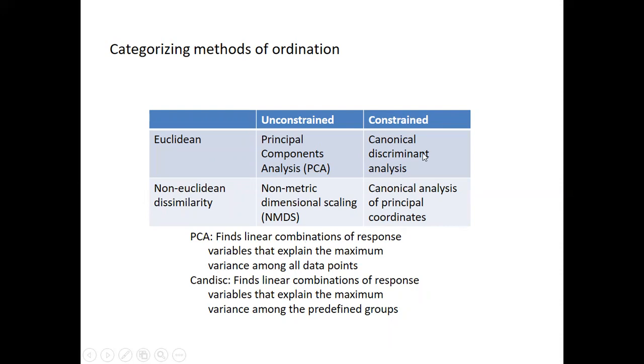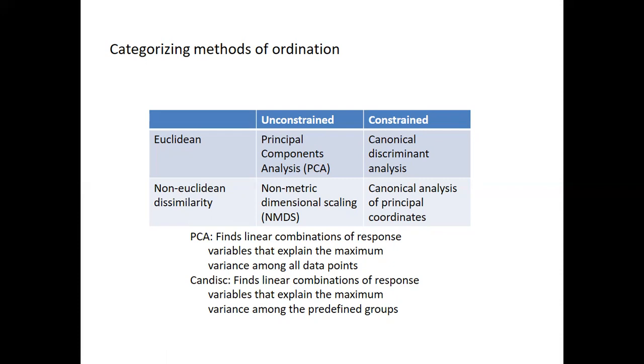Okay, it's constrained to look for variables that separate day 1 versus day 5 versus day 13 plants. And that's in contrast to an unconstrained analysis, which is looking at combinations of variables that explain the variation among all the data points. So you may be familiar with principal components analysis. That's an unconstrained analysis.